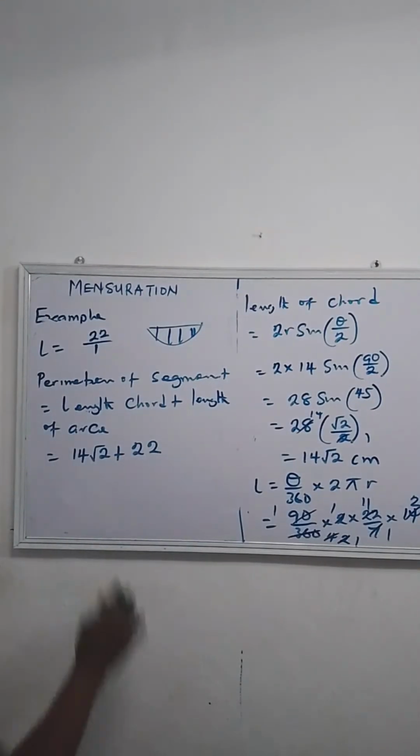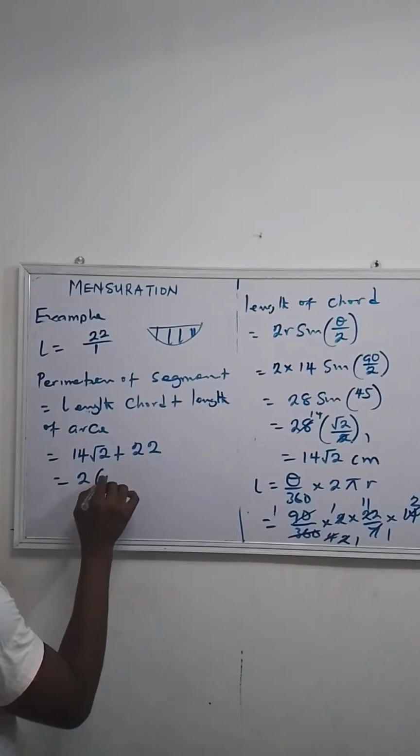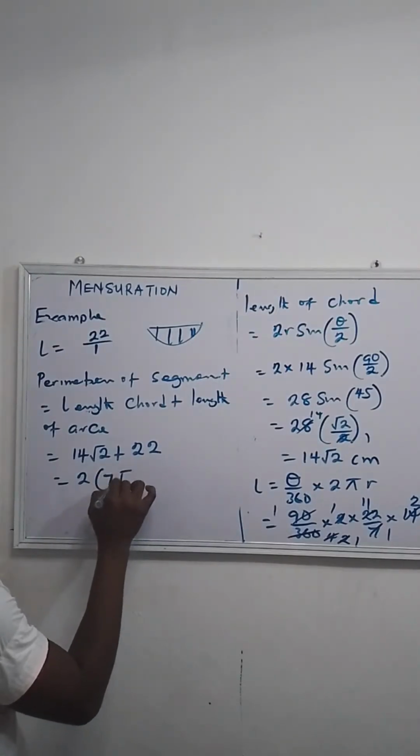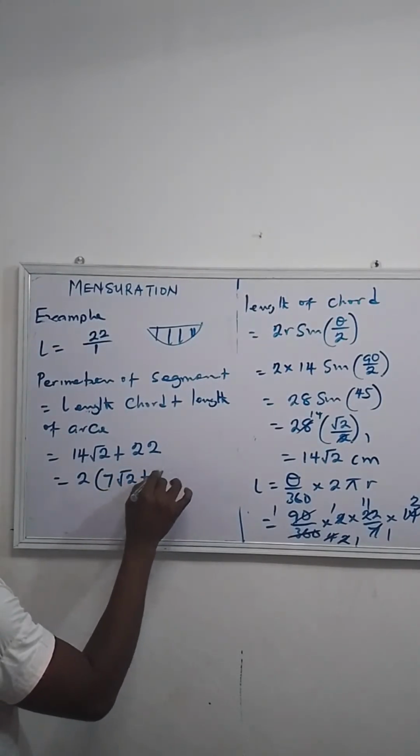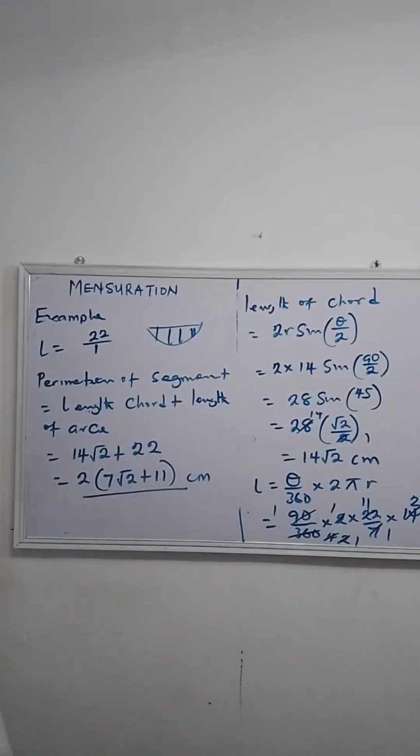So this is what we have. Or you can write it in this form: factor out 2, we have 2 open bracket 7 square root of 2 plus 11. You can still write your answer like this in centimeter. So this is the perimeter of the segment. Or better still, you can convert it to decimal form.